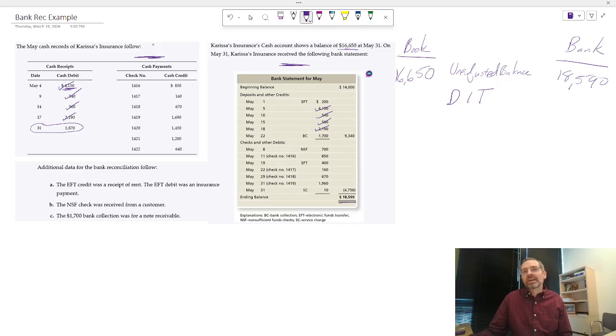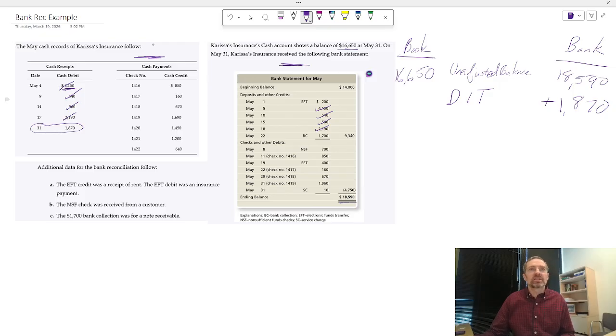Once the bank does know about it, what is going to happen to my cash balance in the bank? Well, when they find out I have a deposit of $1,870, they are going to add it to my balance. So I will add the deposits in transit to the bank side. Again, the bank didn't know about it. Once they do, they will add it.